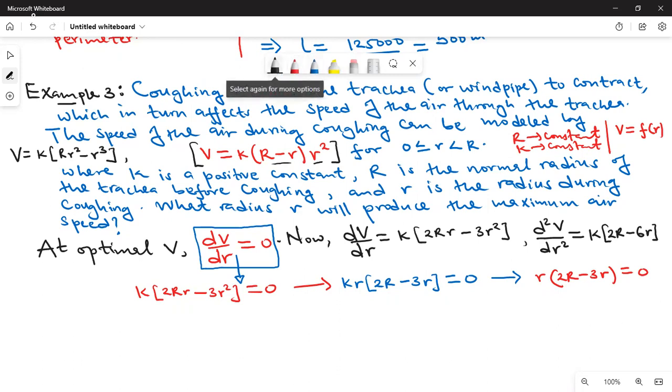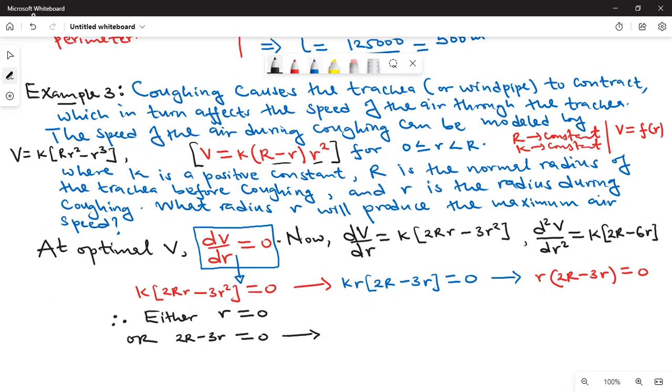It simply means that therefore either the small r is 0 or 2r minus 3r is equal to 0.